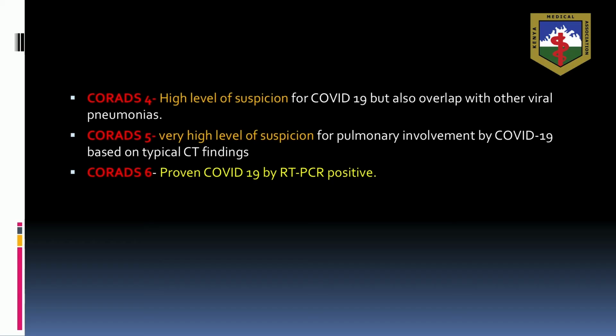In CORADS 6, you have proven COVID-19 by RT-PCR positive, which means reverse transcriptase PCR positive, which means that for sure this is a definitive diagnosis of COVID-19. But remember, you're going to have some cases where the PCR is negative based on how it was sampled, yet the CT has typical findings of COVID-19. In other cases, you might have a normal CT, but your PCR is positive for COVID-19.